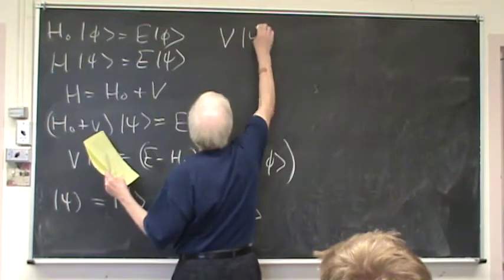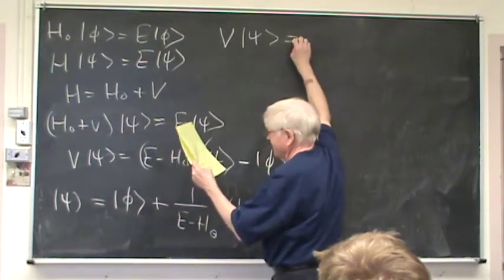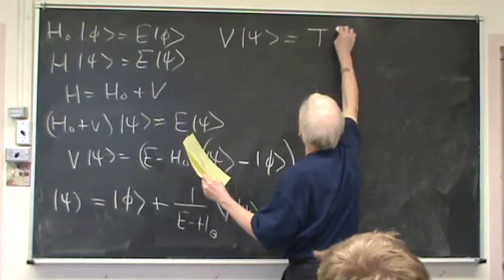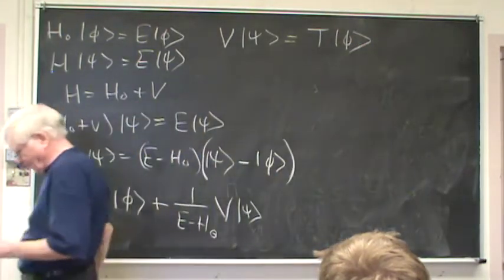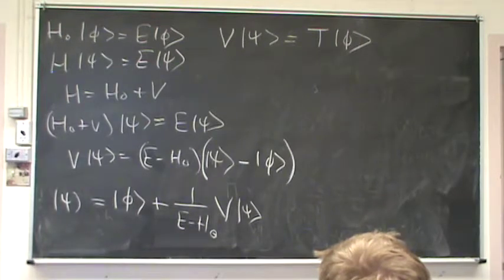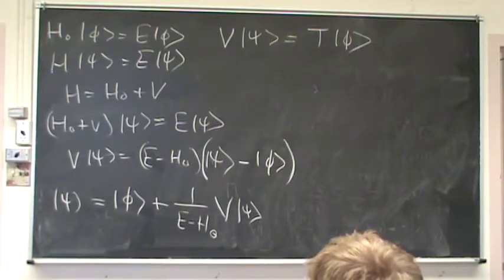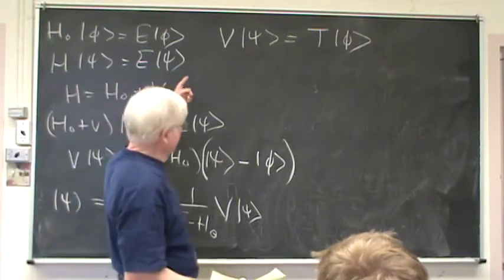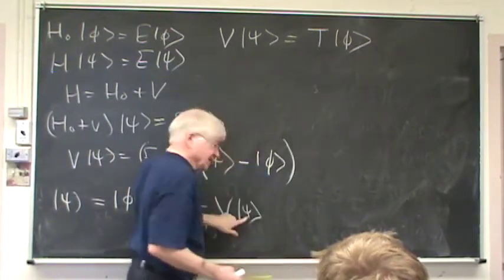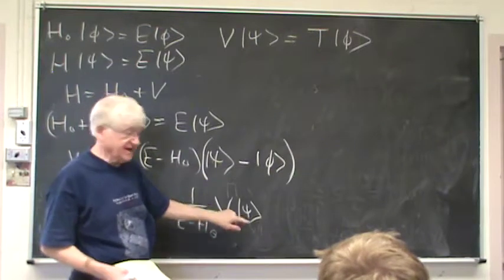So V on psi is defined to be T on phi. In other words, we've got V on psi, and we don't want that because we need a phi over there. So we say, well, T is whatever we need to do to fix the fact that we have a psi here rather than a phi.